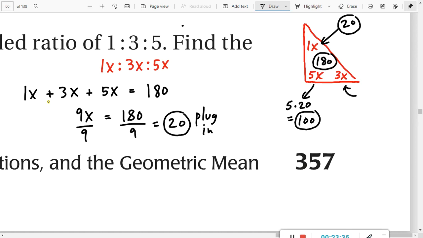And the 3x is going to be 3 times 20, which is 60. Okay, all I did was take x equals 20 and plug it in on each one. Does the answer make sense? 100 plus 60 plus 20 equals 180. So it checks out.